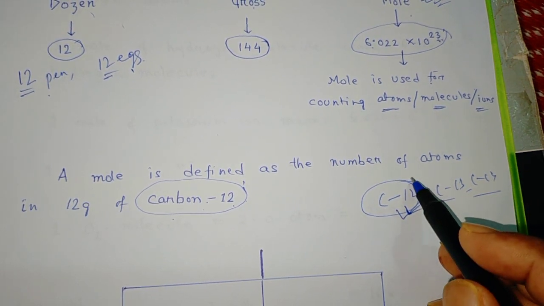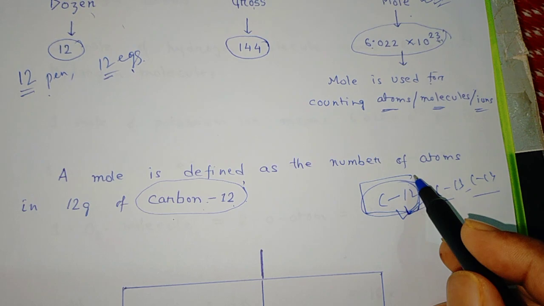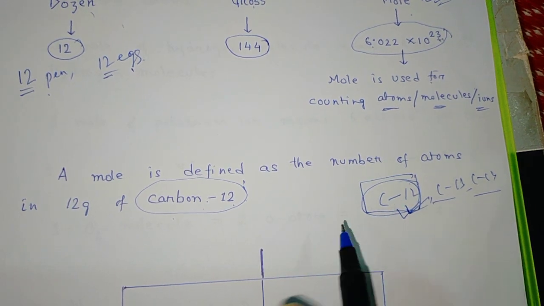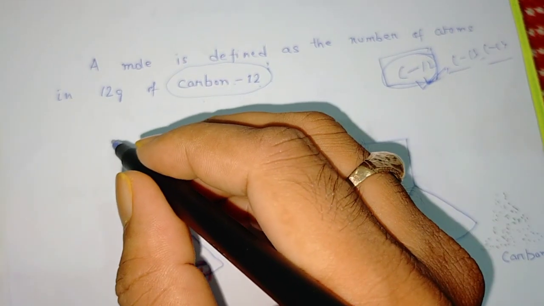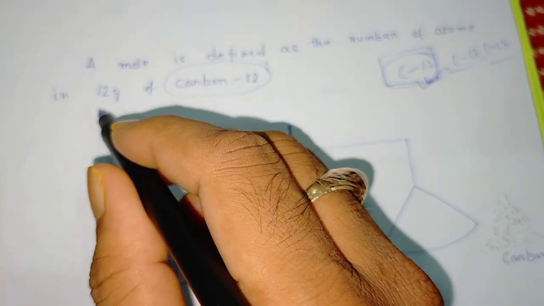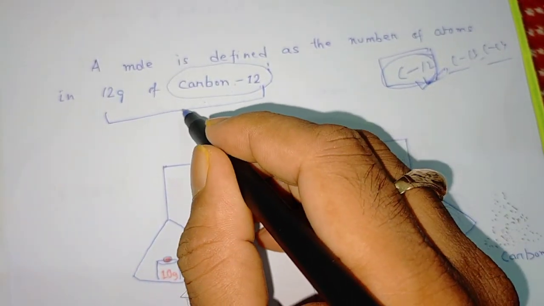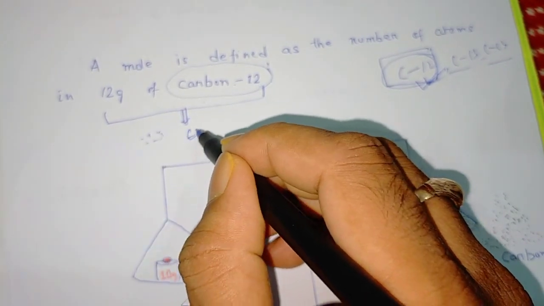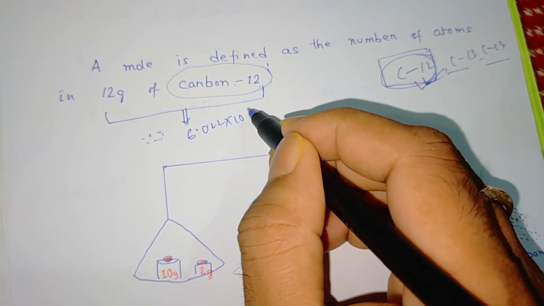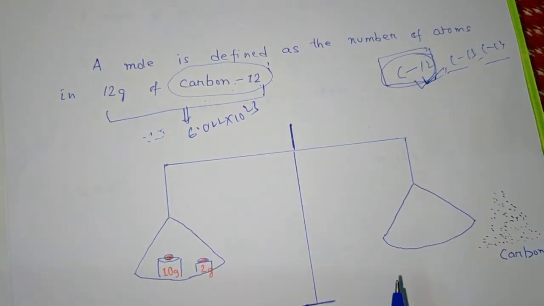In 12 gram of carbon-12, how many carbon atoms are there? It is found experimentally that in 12 gram of carbon-12, the number of carbon atoms is 6.022 × 10^23.